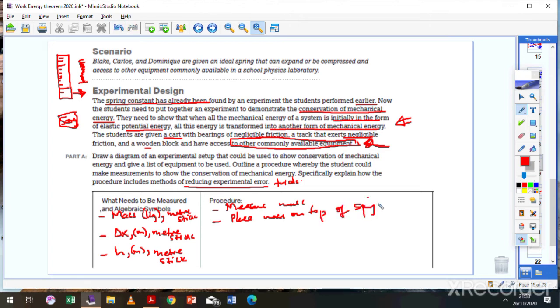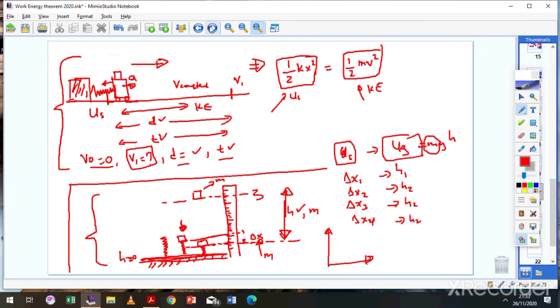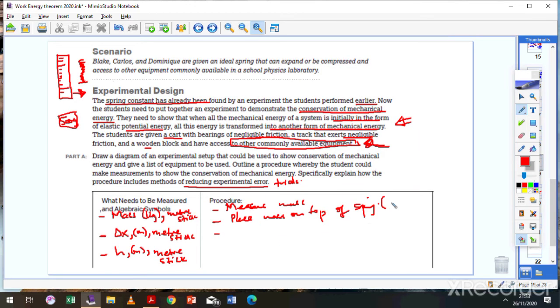After pressing the mass on top of the spring, you can record the position, because this position will help you figure out what the compression is. You can record that position on the meter stick. If you want to call it x naught, you can call it x naught. Then next thing you do is compress the block through a certain displacement x.